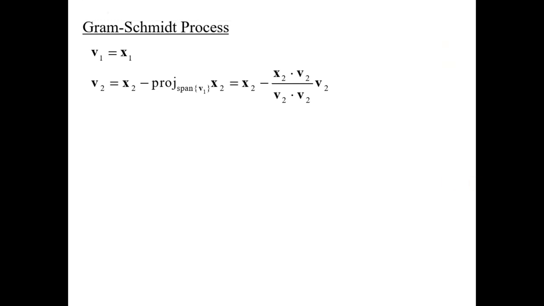Now visually this is what it looks like. If this is my first vector v1, I need this vector v2 that's orthogonal to it. Now let's talk about v3. To find v3, I need a vector that's orthogonal to the first two.